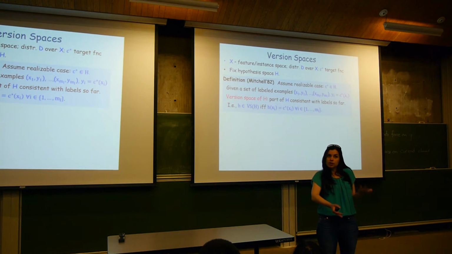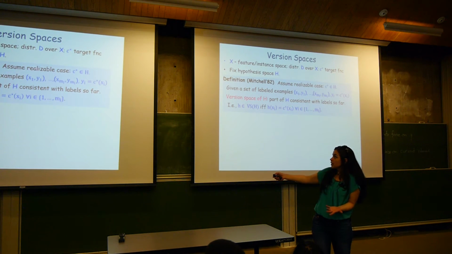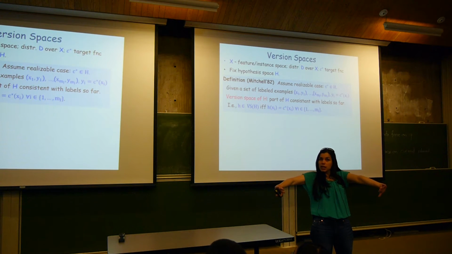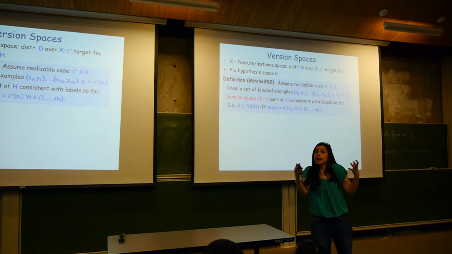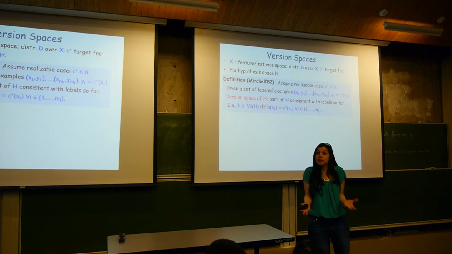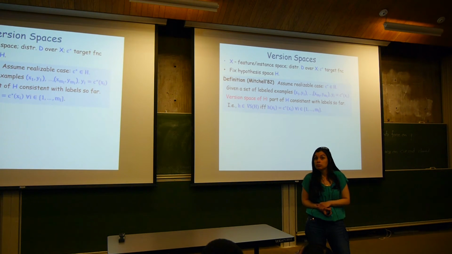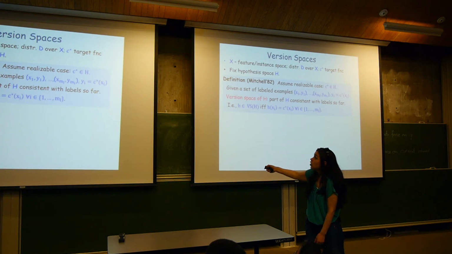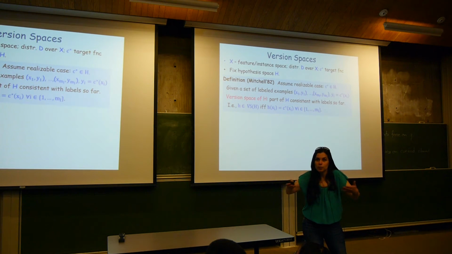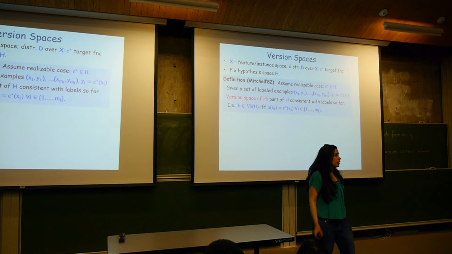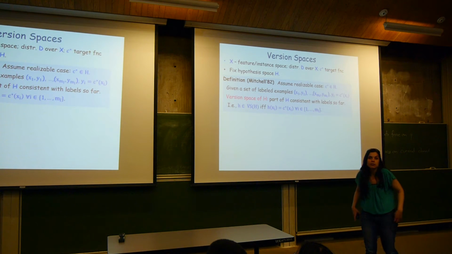The version space of the hypothesis space H with respect to the labeled examples we've seen is just the set of classifiers in my hypothesis space that agree with the labeled examples we've seen so far. In the case when the target function belongs to the class, obviously that version space will be non-empty, because the target function itself agrees with all the labeled examples I've seen so far.